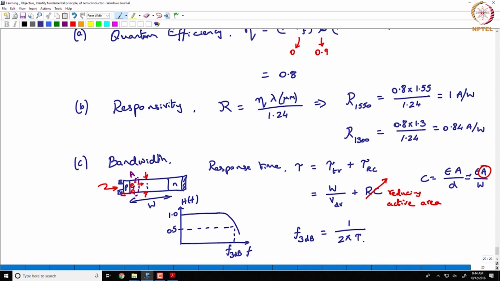In our case, for this particular problem we've been asked to assume W as 2.17 micron and v_dr corresponds to 10 power 5 meters per second.